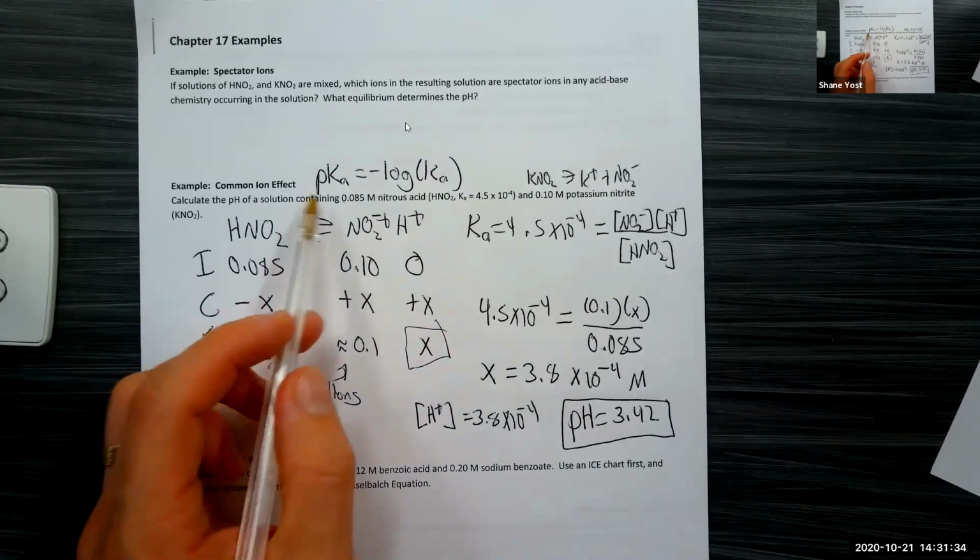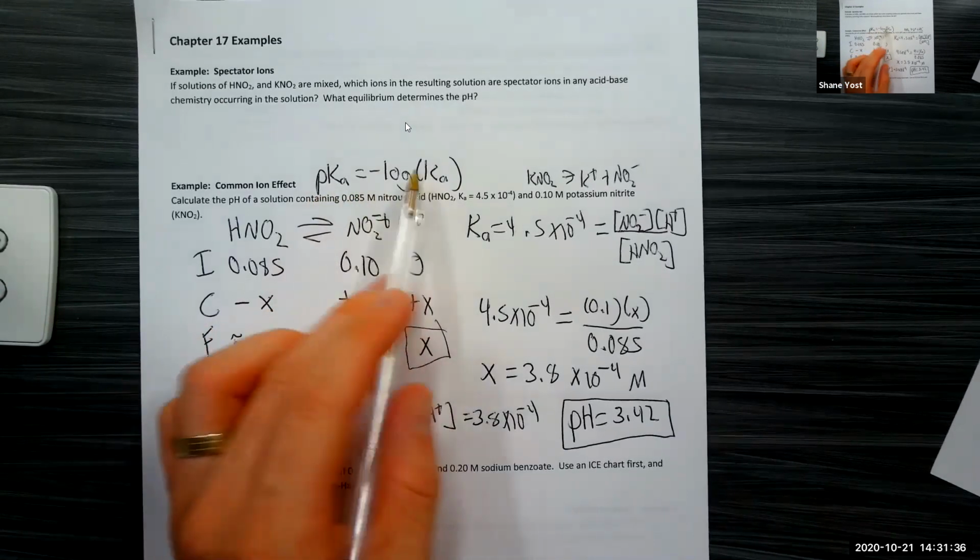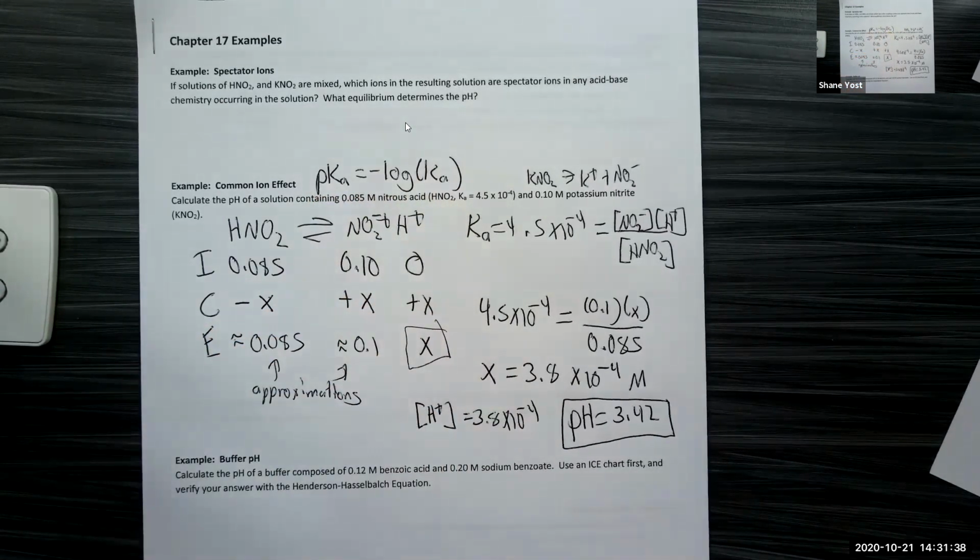But the P of anything is just the negative log of that thing. So pKa is equal to the negative log of Ka. pKb is the negative log of Kb. pKw would be the negative log of Kw, just like the pH is the negative log of the H plus concentration. Other questions?